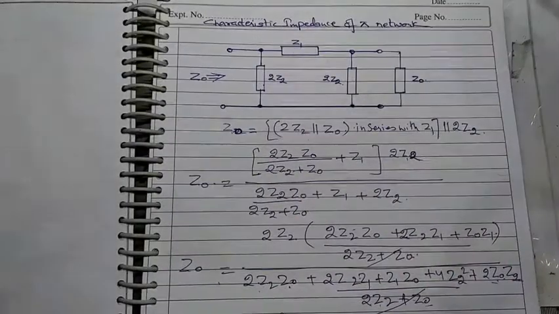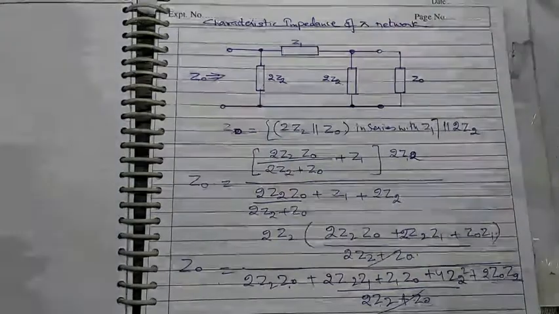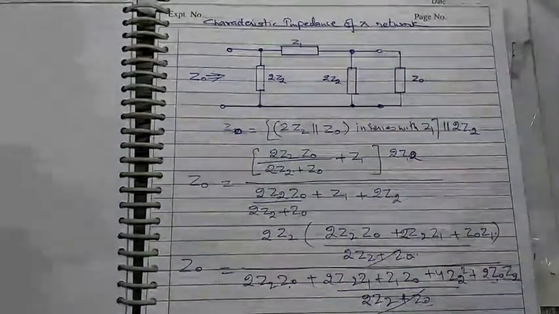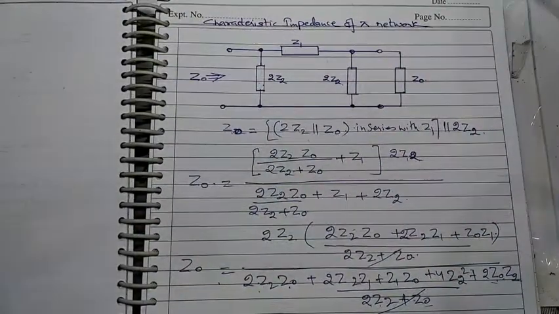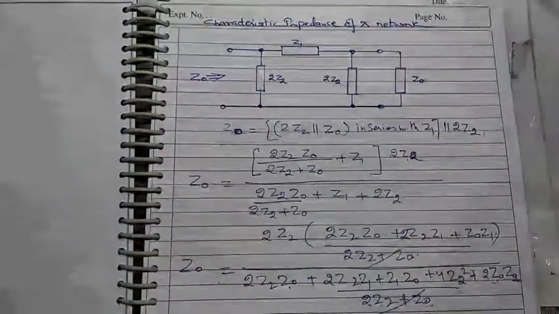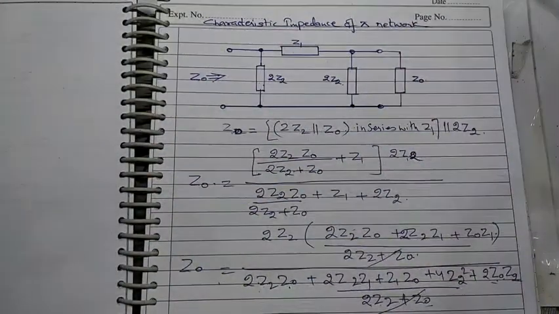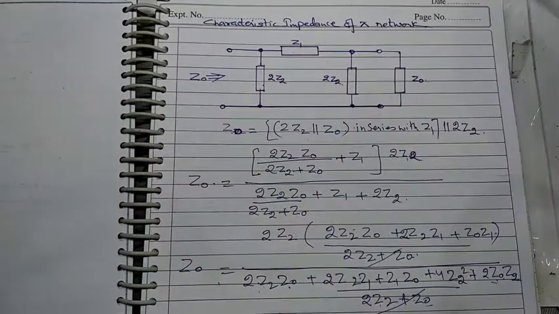Now opening the brackets on this side, we get 4Z2 ZO square plus 2Z2 Z1 ZO plus Z1 ZO square plus 4Z2 square ZO equal to 4Z2 square ZO plus 4Z2 square Z1 plus 2Z2 ZO Z1.